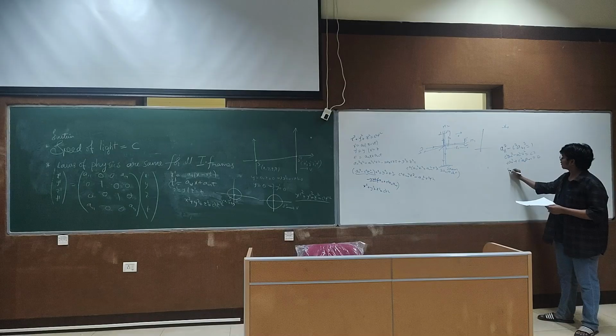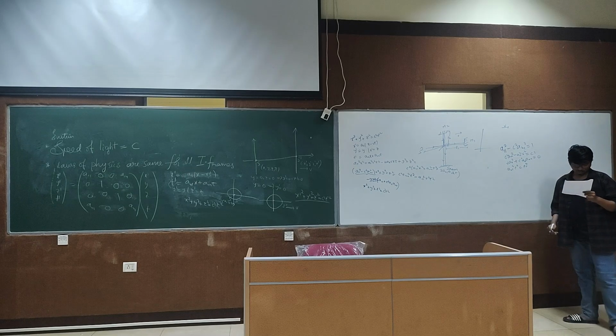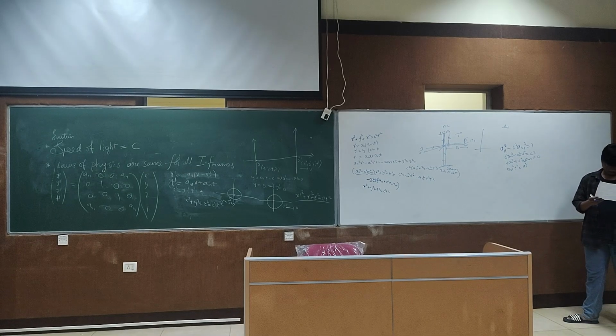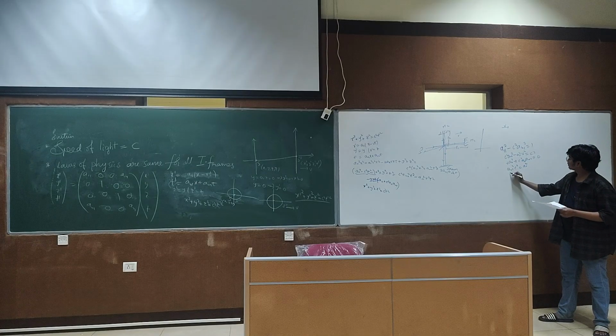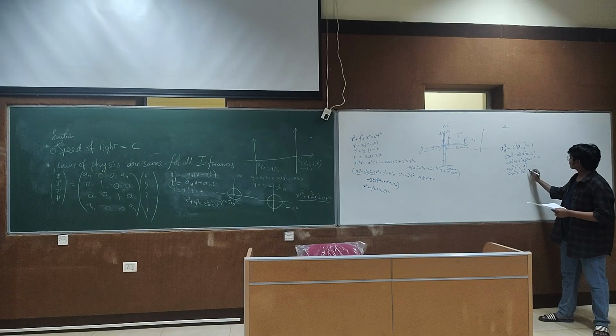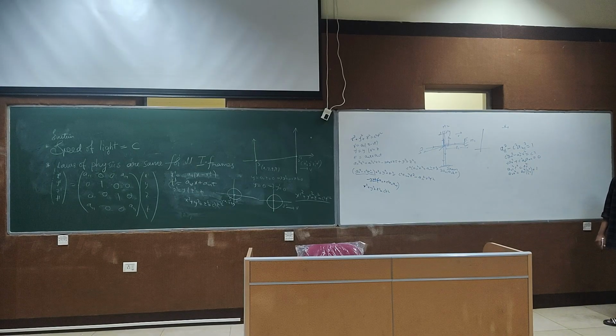So a41 square c square equal to a11 square. Got it? And you have a44 square equal to a11 square into b square by c square plus 1. Right.